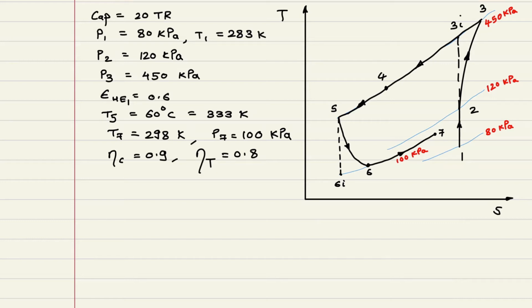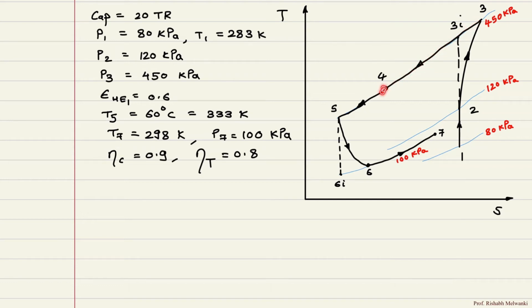Now here you can see efficiency of RAM is not given. So I have shown process 1 to 2 as isentropic RAM process. Then since efficiency of compressor is given, 2 to 3i will be isentropic compression and actual point 3 is towards right. Then 3 to 4 is constant pressure heat rejection in first heat exchanger.